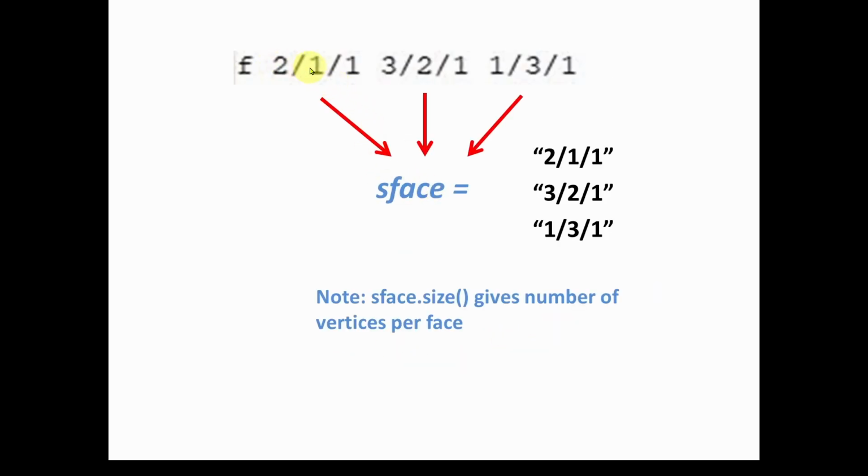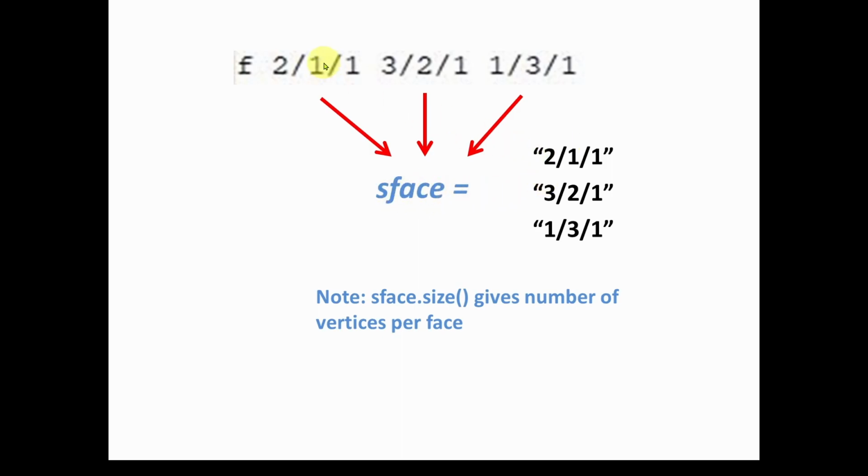What it does is it takes its first face line and parses the 3 sets of data and assigns them to this S-face vector of strings. Again, S-face is a very poor naming for variables, and we're going to talk about that later, but I think what it means is it is a string of faces.